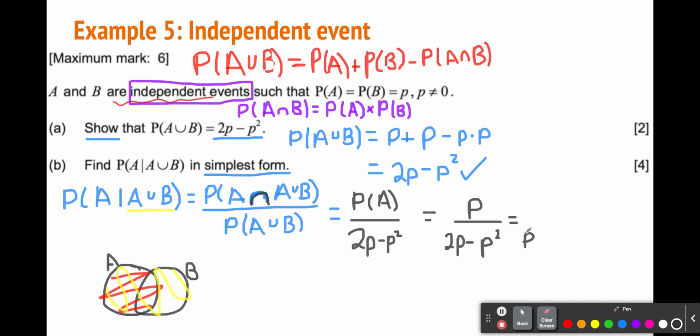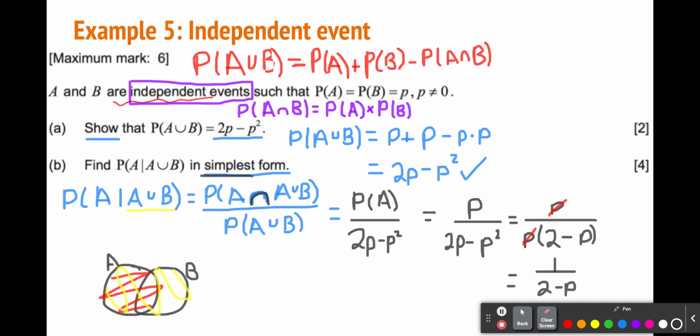So I can factor out a P from the denominator, and I'll be left with 2 minus P. And then on the top, I still have my P. By factorizing out the P, now I can cross them out. And I'm going to be left with simply 1 divided by 2 minus P. And that's going to be our final simplified answer.